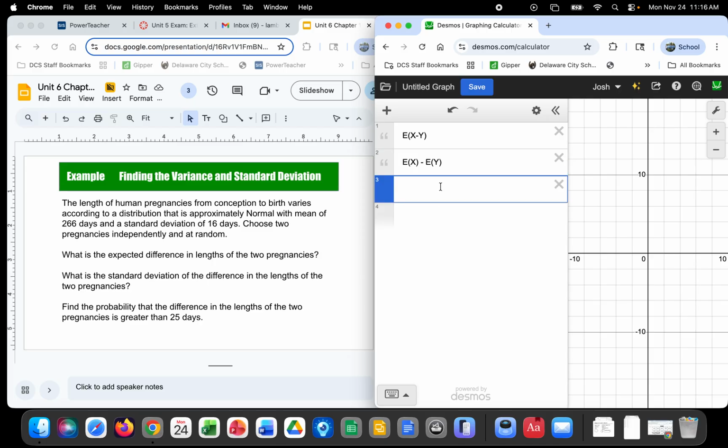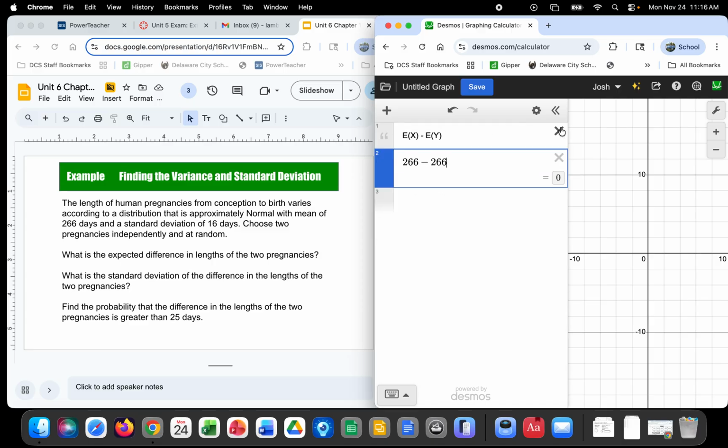Well, the expected value of x is 266 minus the expected value of y, because it is an independent random variable, meaning the outcome of the first pregnancy has nothing to do with the second, so it's also 266. So the expected difference in the length of the 2 pregnancies is 0.